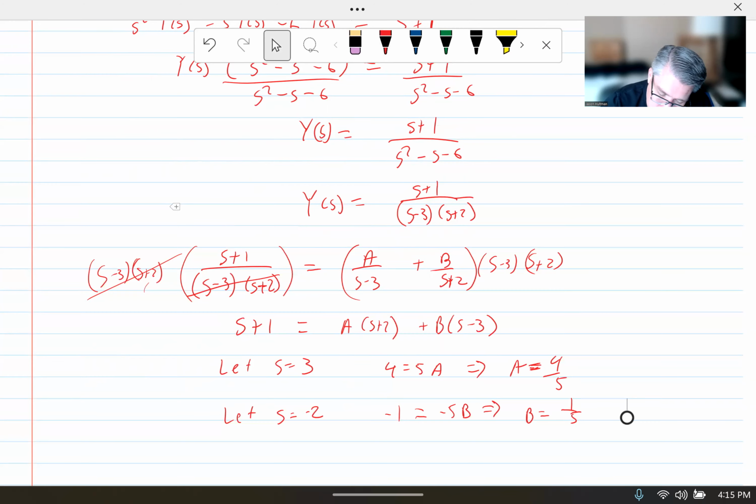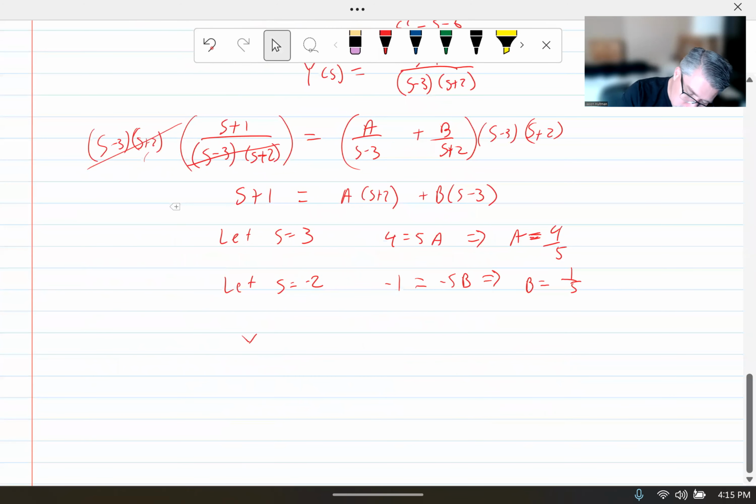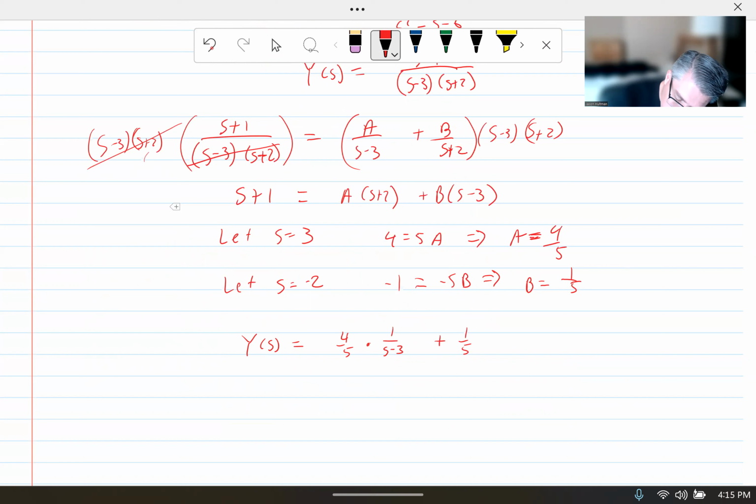So our y of S is equal to 4/5 times 1 over S minus 3, you'll see why in a second, plus 1/5 times 1 over S minus -2. Setting it up to take the inverse Laplace transform.